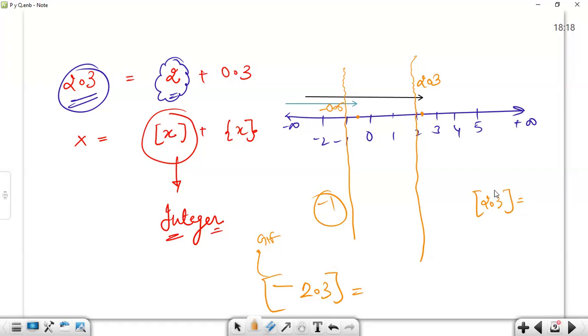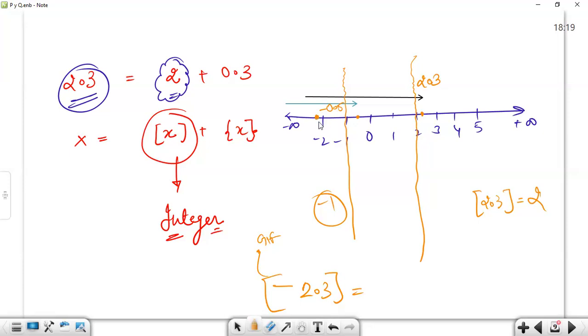2. Yes, this is 2. And for this, what will be its greatest integer function? Minus of 2.3? Minus 2. No. For minus 2.3, it would be somewhat here.